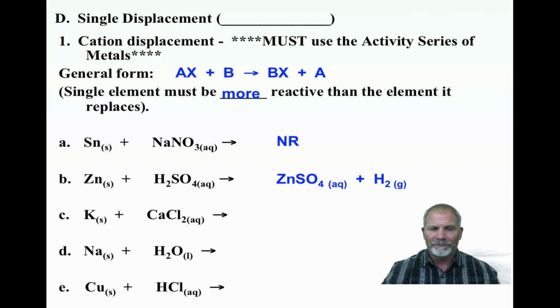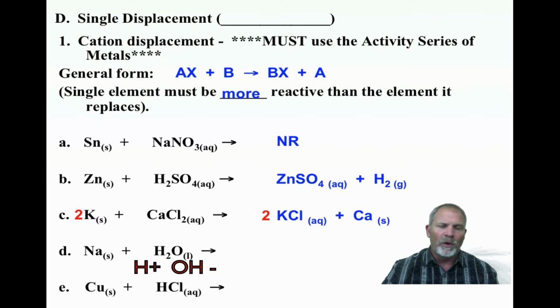Next one, potassium. Potassium is higher up on the metal activity series and it kicks off calcium. So calcium is by itself. Can calcium stand alone? It sure can. Now potassium is going to join up with the chloride. Well, potassium's a +1, chloride's a -1. They come together in a 1-to-1 ratio. And yes, we need to balance it. Sodium and water.